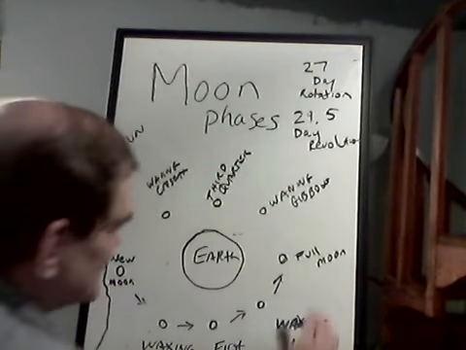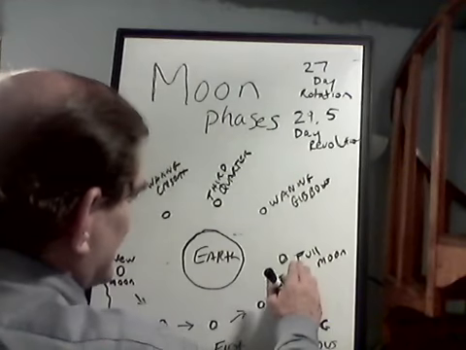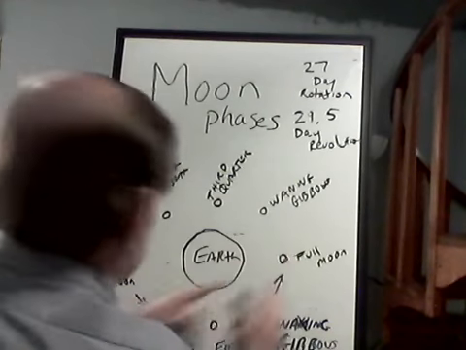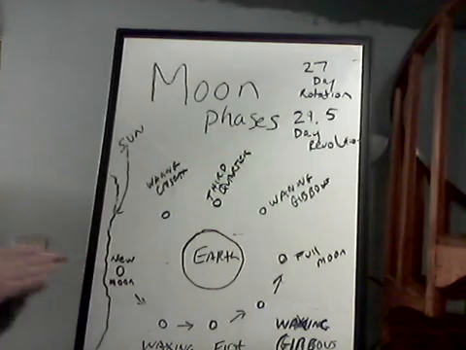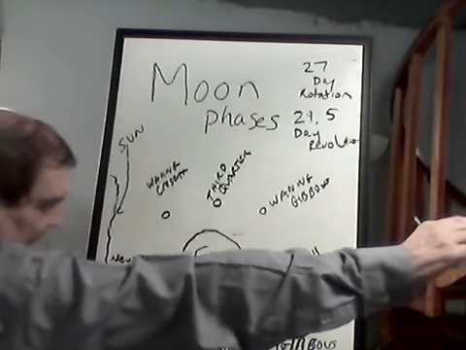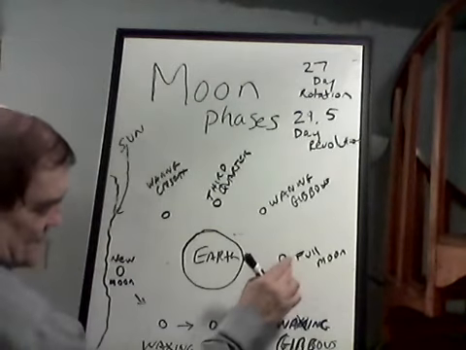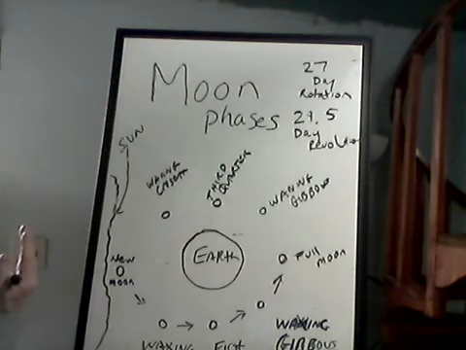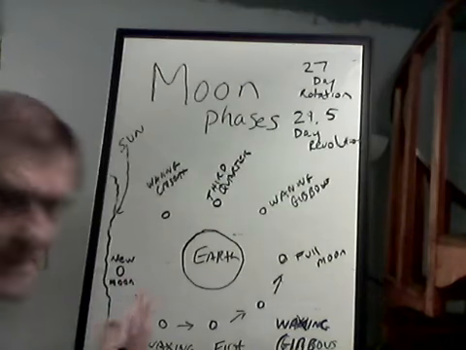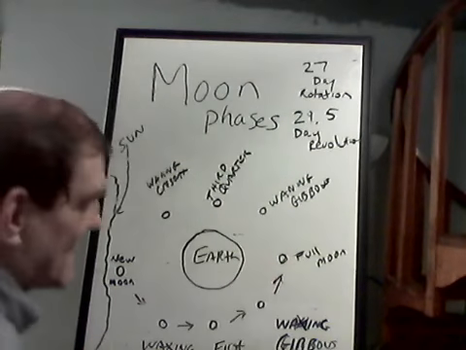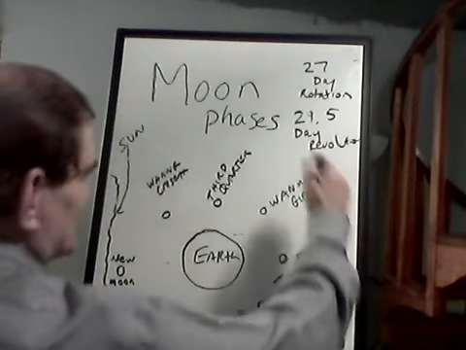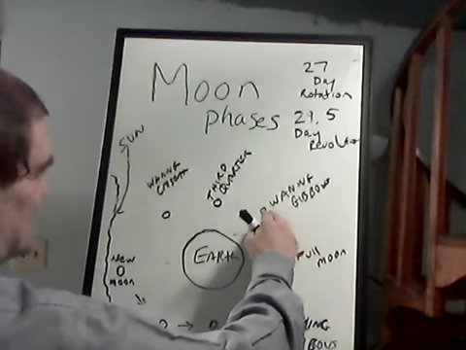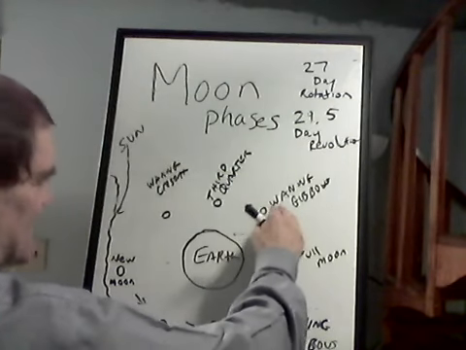And then as it continues to move around here, it gets to the point where now the sun's rays are pointing right at that moon. And this moon right here is reflecting all that back to make it a full moon. Now, as that continues to move this way, you see what it becomes: a waning gibbous.